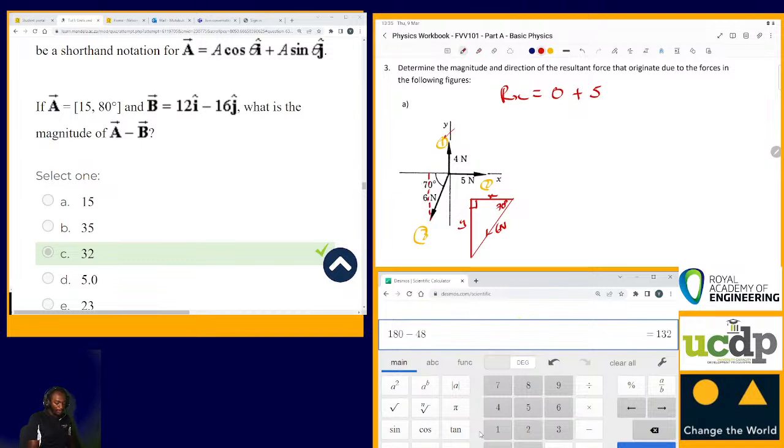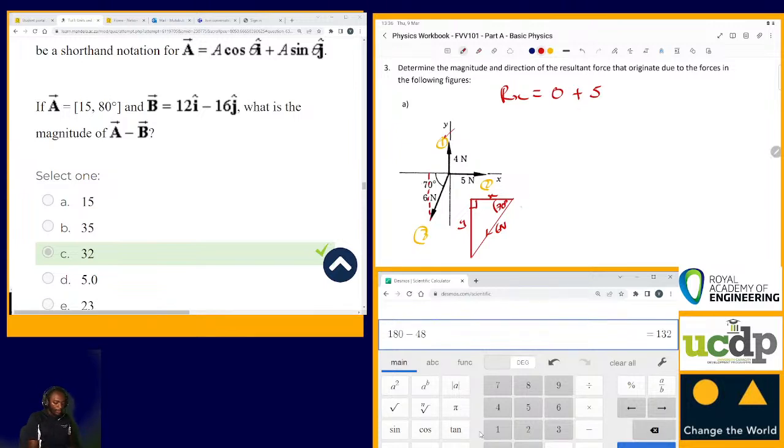And look, we are looking for x, which is our adjacent, and we've got our hypotenuse, so that becomes a cos. Cos theta is equal to adjacent over the hypotenuse.